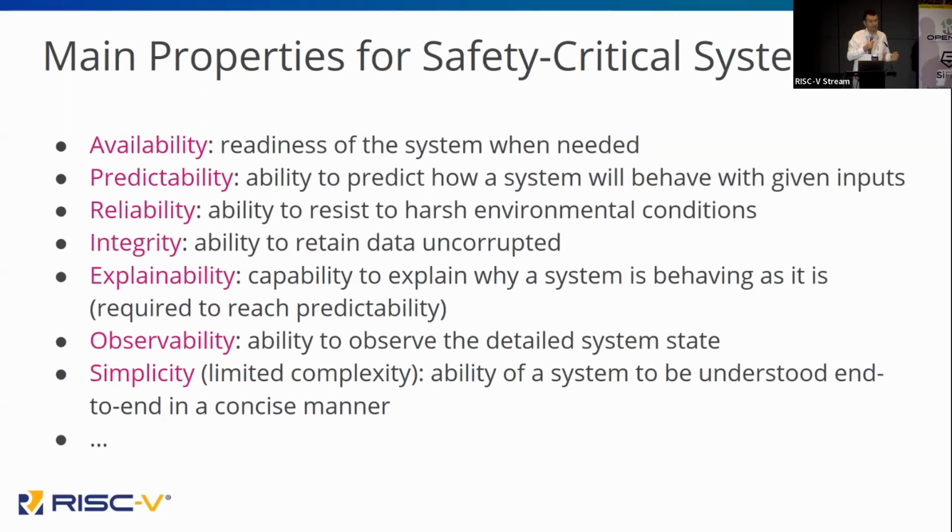Integrity: you want your data, your information to stay uncorrupted. Explainability, which is important also for the certification: why does the system behave properly? Observability is important too. We have to look into the system to know why it's correct. And simplicity is the ability for the system to be understood, and it will ease the certification, and it will surely avoid many troubles.